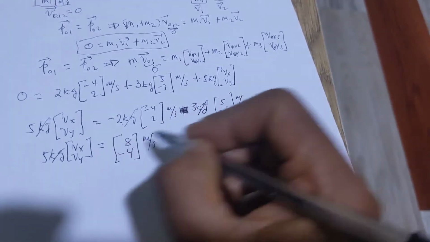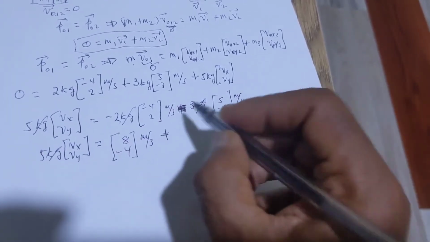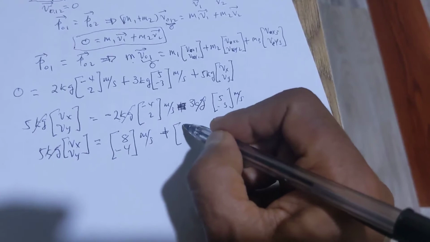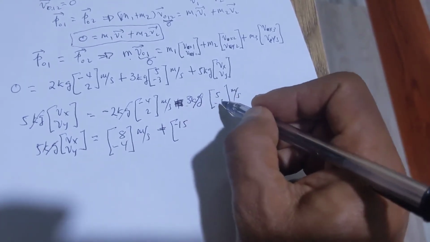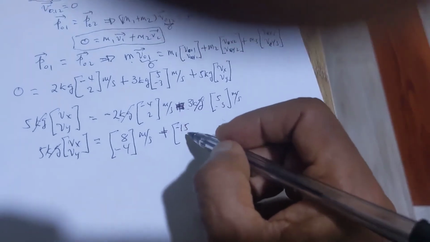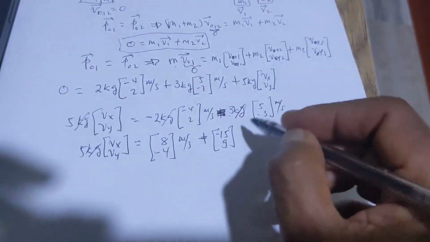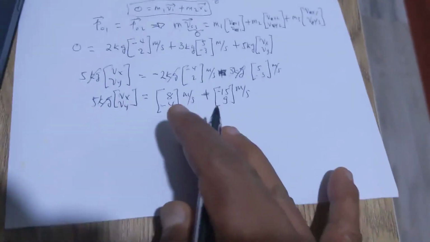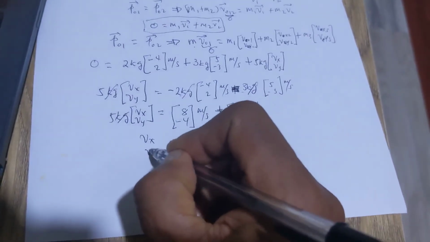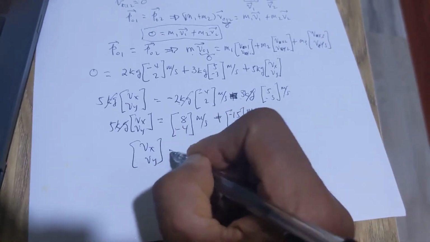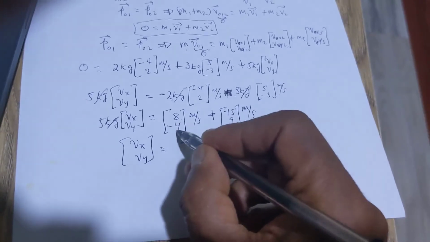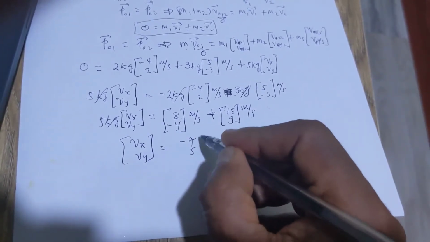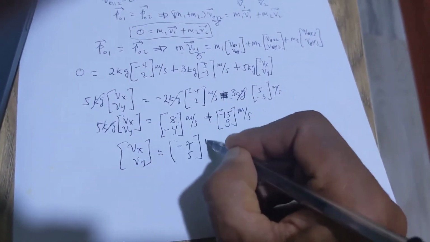And minus 3 times 5 is -15, and minus 3 times -3 is +9, in meters per second. Then adding, Vx and Vy come to 8 minus 15 is -7, and -4 plus 9 is +5, in meters per second.